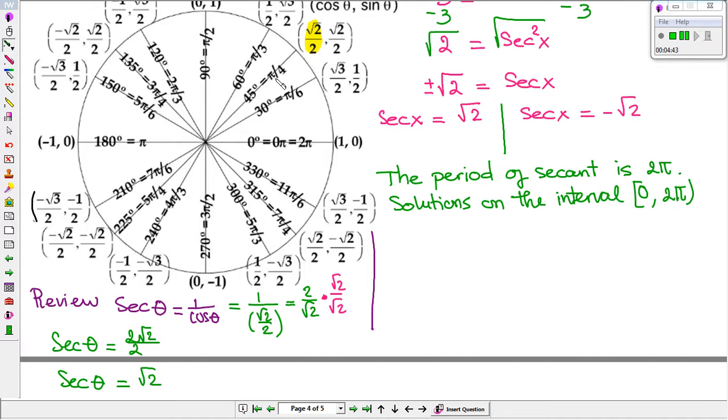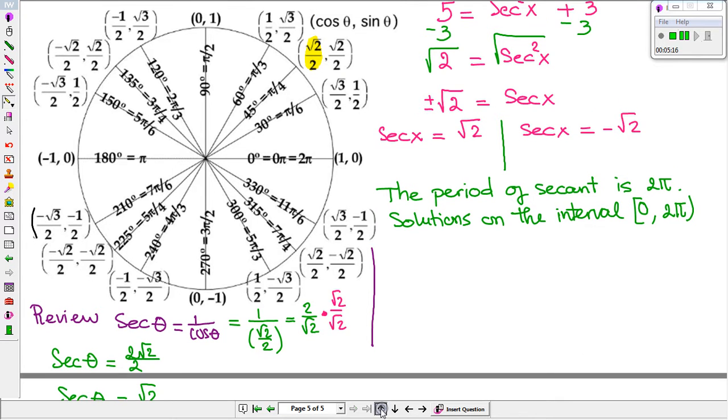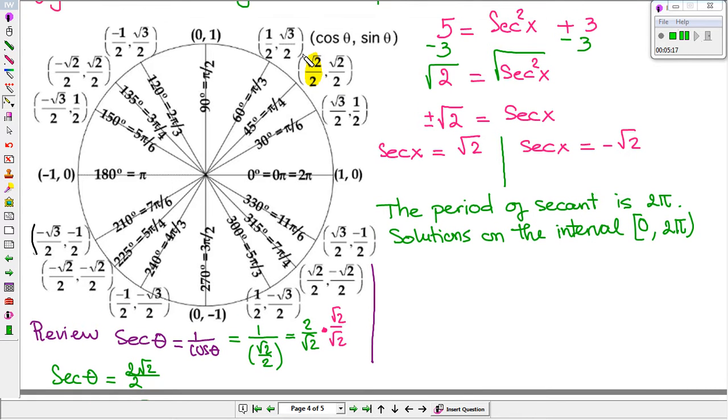Now you can see the trick here. You look for where your cosine, the first value of each pair, is square root of 2 over 2. So I continue to go around, looking for cosine equal to square root of 2 over 2.